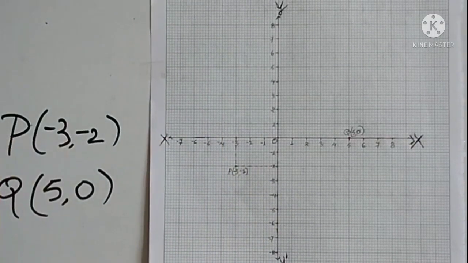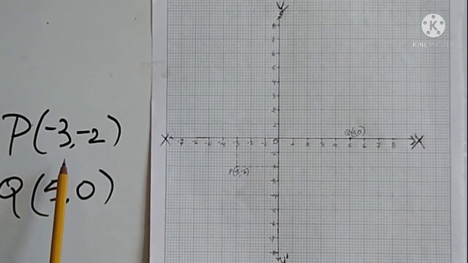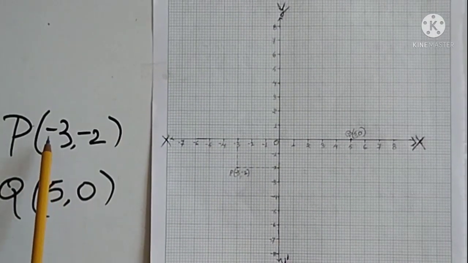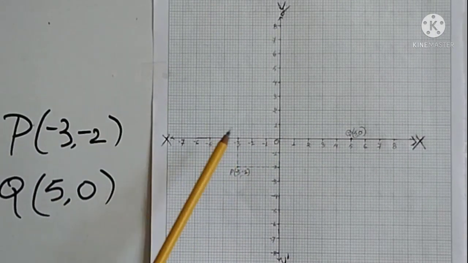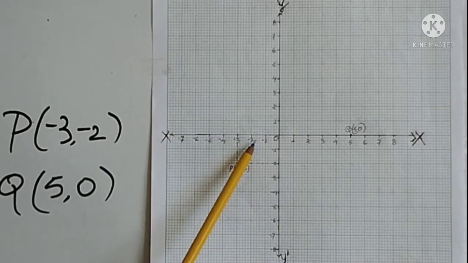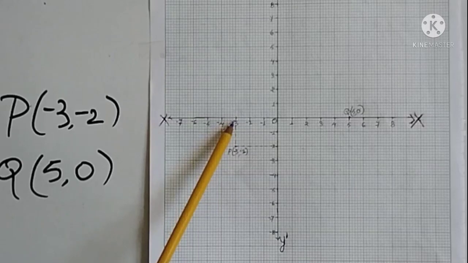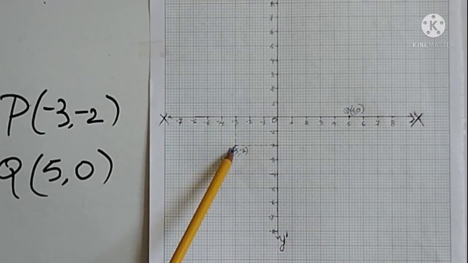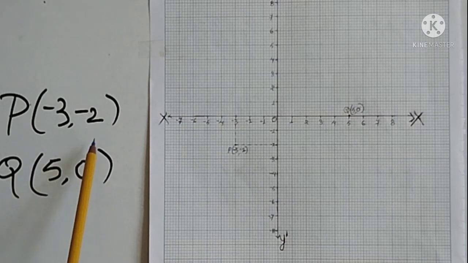Now take the point P. Now -3 is your abscissa. That means you have to look for -3 in x. So where is your -3 in x? So see 0, -1, -2, -3 over here. So just draw a dotted straight line. Okay. Now what is ordinate? Ordinate is -2.